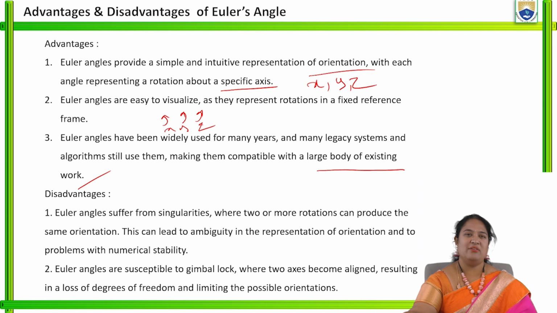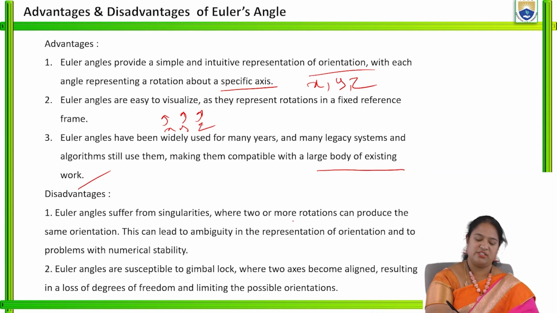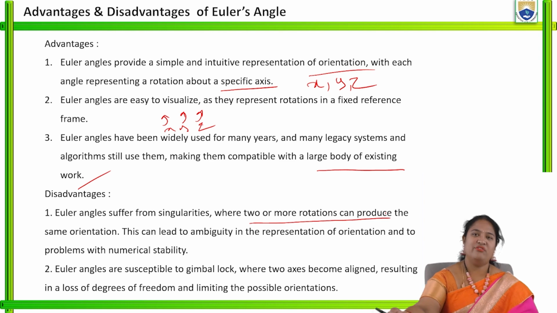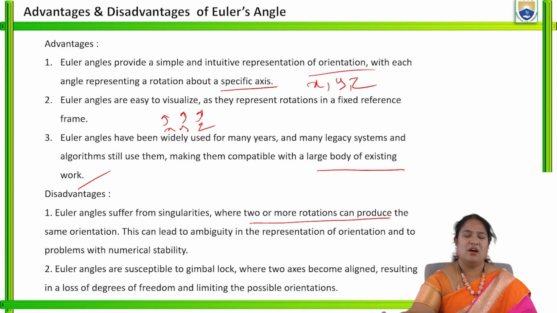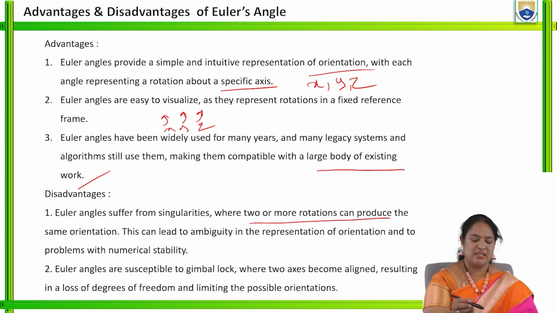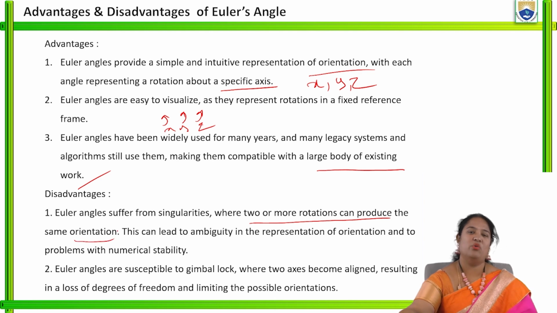Coming to the disadvantages, Euler angles have a drawback of singularities, where two or more rotations can produce the same orientation. When we have two or more rotations about its axis, it gives the same orientation.